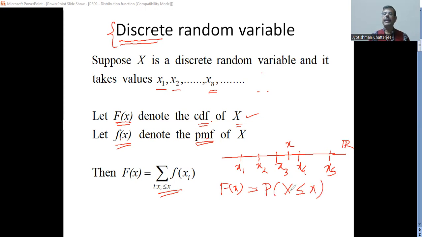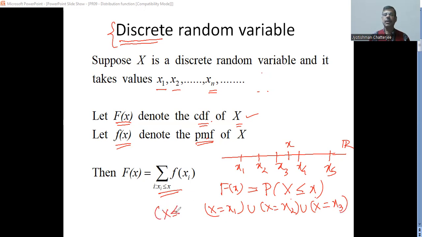Now, capital X can take values only at these 5 discrete points. Which values will satisfy this event, capital X less than or equal to x? Either X may be equal to x1, or X may be equal to x2, or X may be equal to x3.